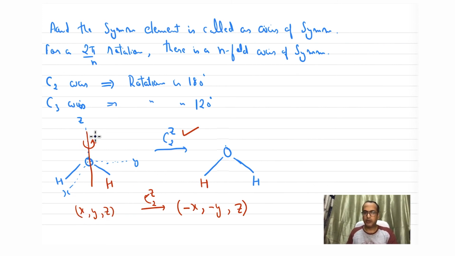So X will go to minus X, Y will go to minus Y, and Z will remain. Let us stop here, and we will see more examples of proper axis of rotation in the next class, so that it is very clear in our heads how a proper axis of rotation actually works. All right. Thank you.